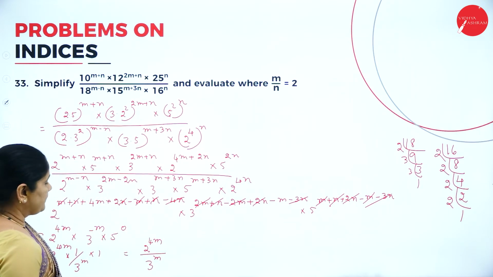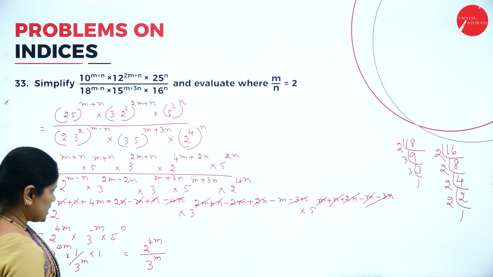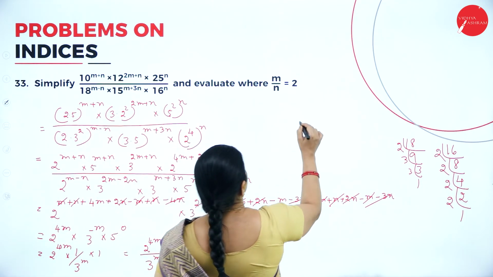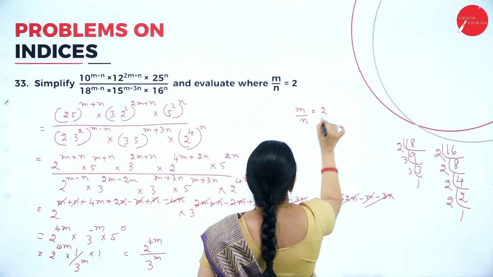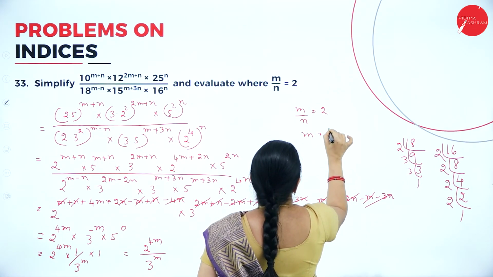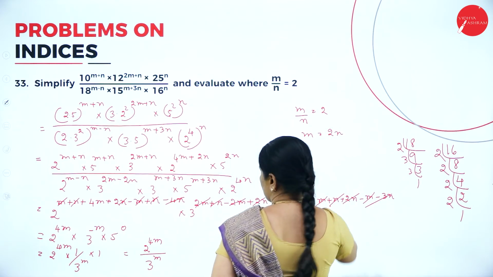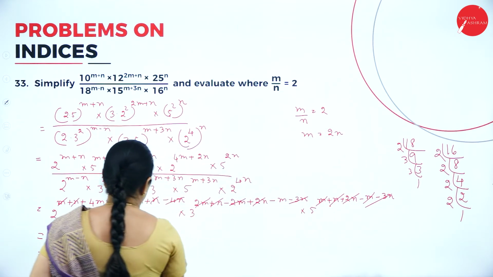Now you have given us the value here, m by n equals 2, so we will find the value. When m by n equals 2, m will be equal to 2n. So I will write 2n here.